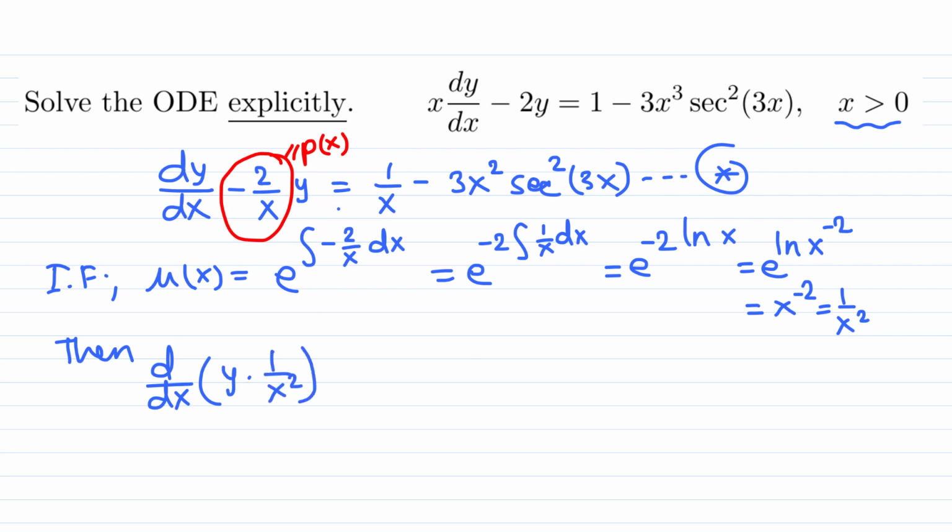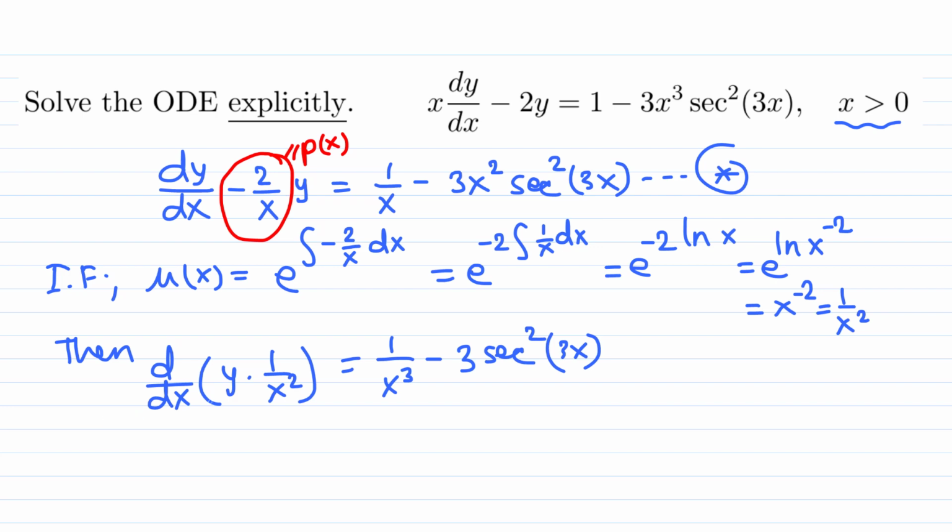That automatically equals, let's multiply by 1 over x squared, so 1 over x times 1 over x squared, that's 1 over x cubed, minus, multiply by 1 over x squared, so the x squared cancels, so this will be 3 secant squared 3x.